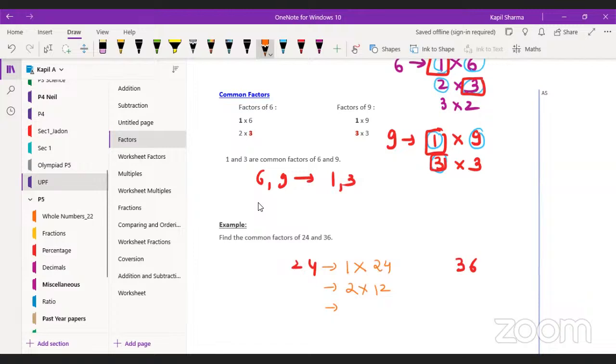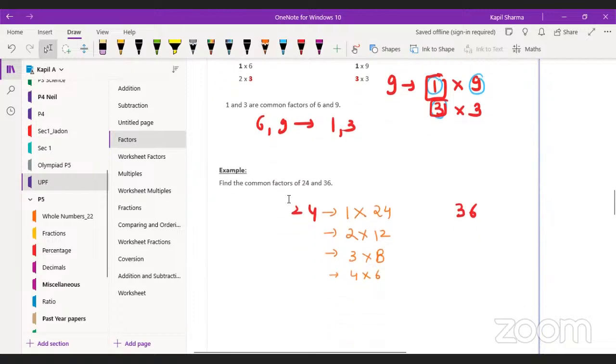We find these factor pairs. 1 times 24, 2 times 12, then 3 times 8, then 4 times 6, right? And finally 6 times 4. Now we got the same factor pair, so we can stop here. So these are the possible factors of 24.